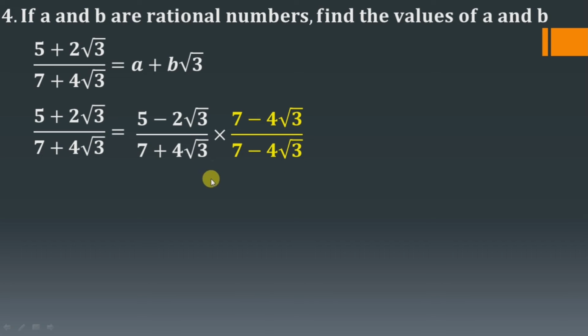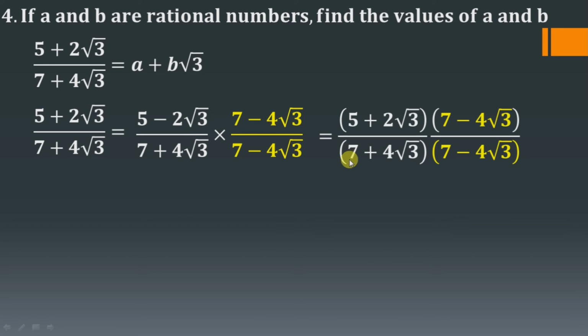So after multiplication, I will get (5 plus 2 root 3) multiplied by (7 minus 4 root 3) in the numerator, and (7 plus 4 root 3) into (7 minus 4 root 3) in the denominator.